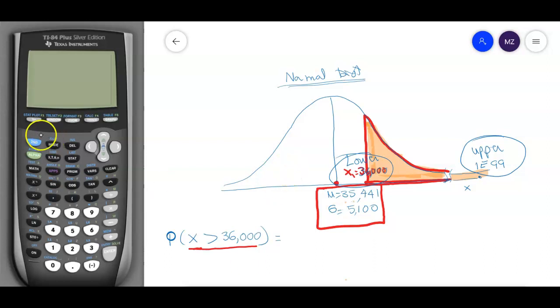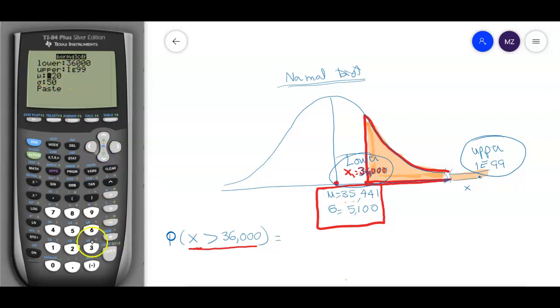So just go to the calculator again. We go with second, then vars, that's distributions. You go to the second option here, normal CDF, enter. Clear whatever entries are there. The lower bound is 36,000. The upper bound is already there, so 1e99 is fine.